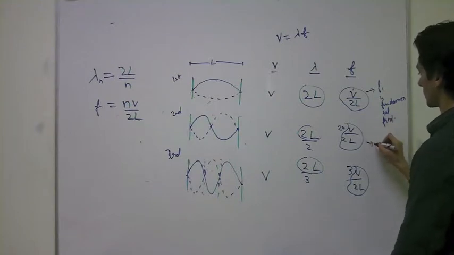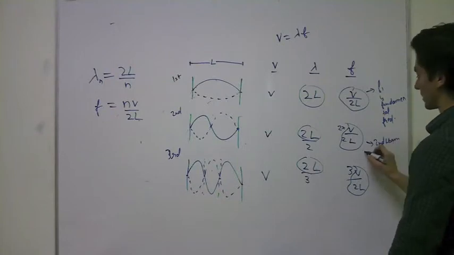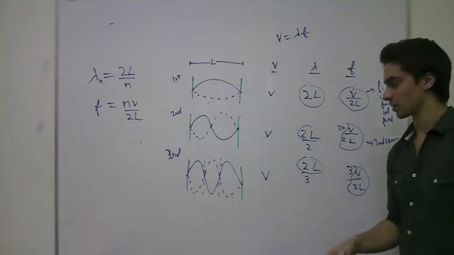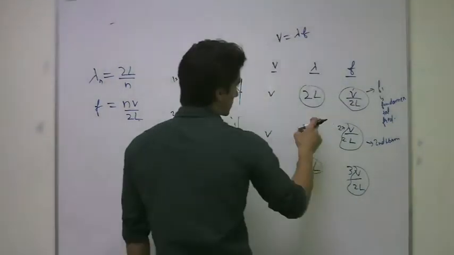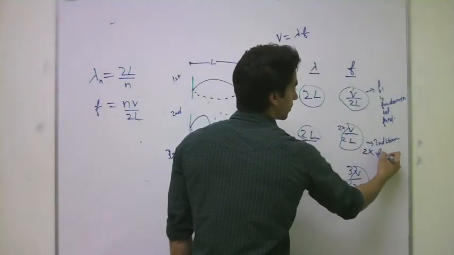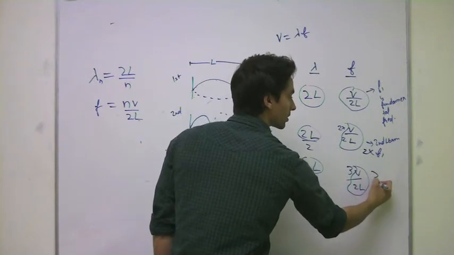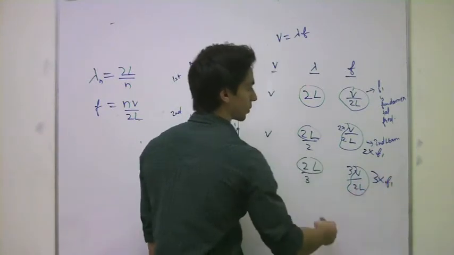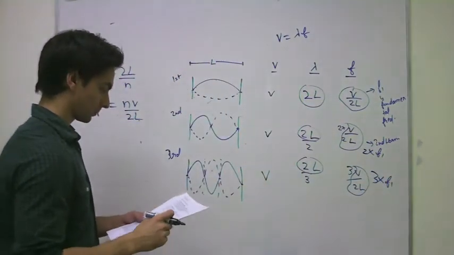Okay? This is the frequency of the second harmonic. This is the frequency of the third harmonic, etc. Okay? So you should notice that this one will always be 2 times the fundamental frequency. The third harmonic frequency will be 3 times the fundamental frequency, and so on and so forth.